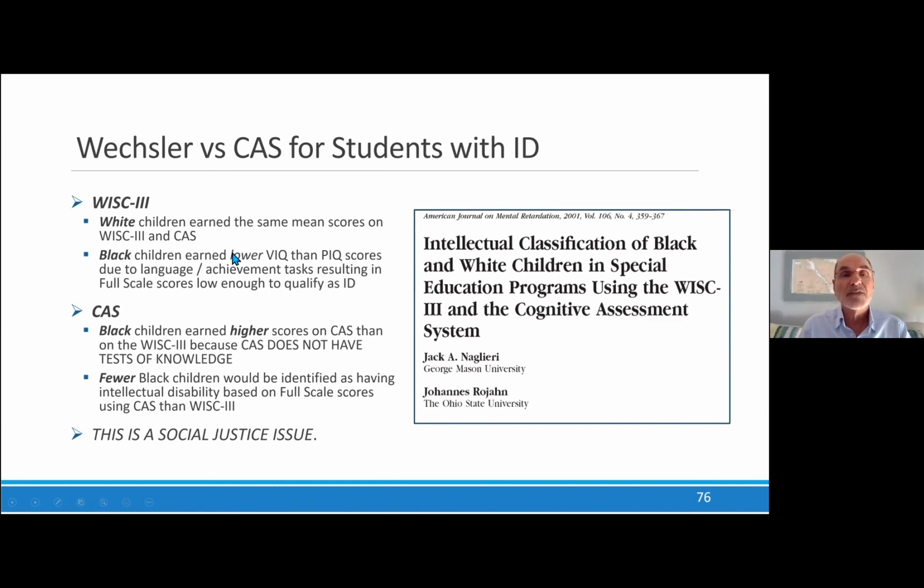Because the WISC scores have lower verbal scales, which bring down the full scale, which gets the kids in that designation. This is a social justice issue that we've been talking about the whole day here.